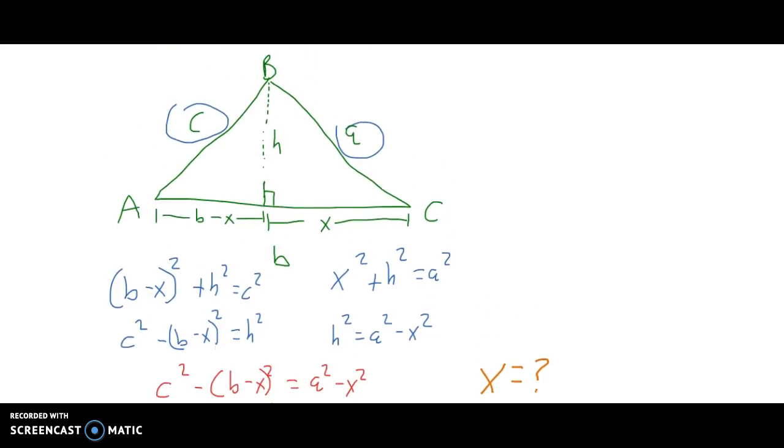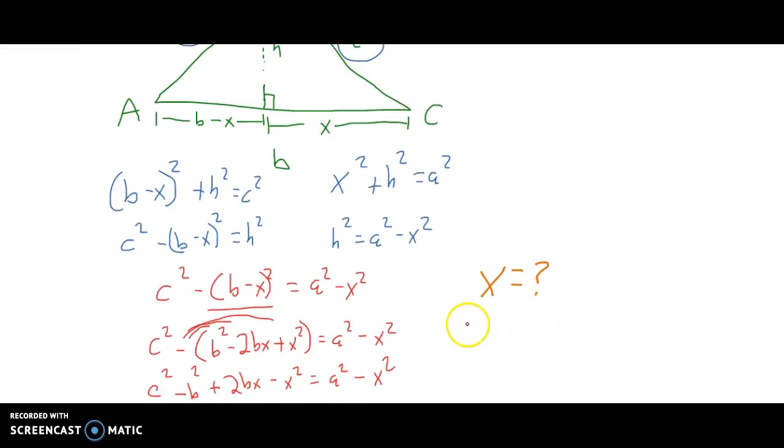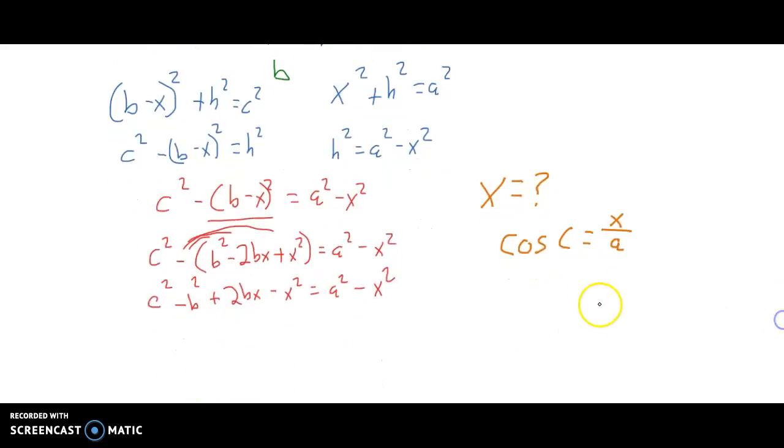So we can use a cosine. Cosine is adjacent over hypotenuse, so this is adjacent, or x, over our hypotenuse of a. So we can rewrite this as a cos of c is equal to x. Now we have a definition for x.